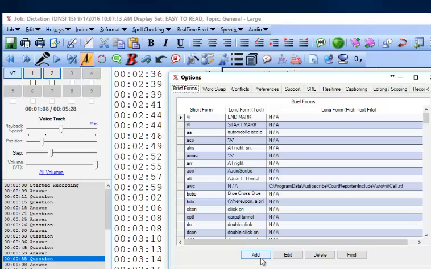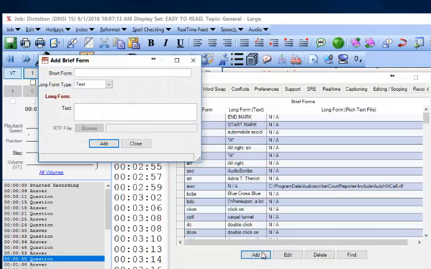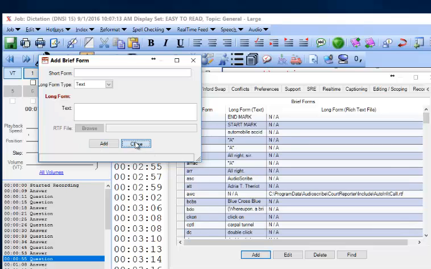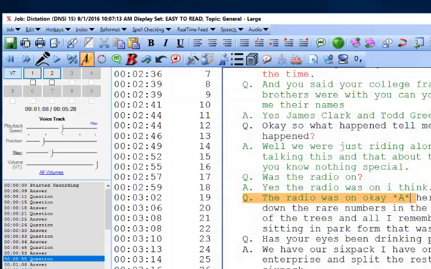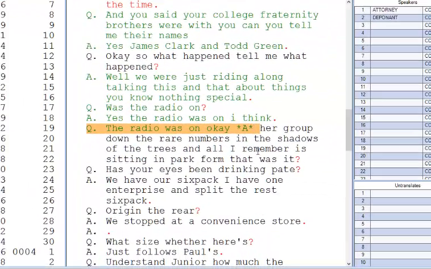When you add one, you click on add and type in, let's say I wanted one for ACO, which is AHCO. That would be my short form, and the text would be asterisk A asterisk, and I would hit add, and then it would be another option in my brief forms. I would apply and OK to make sure it works immediately.